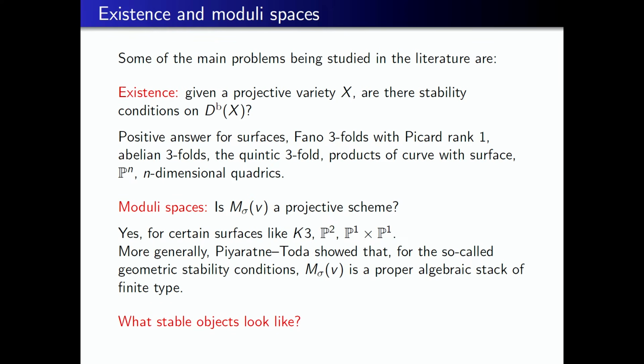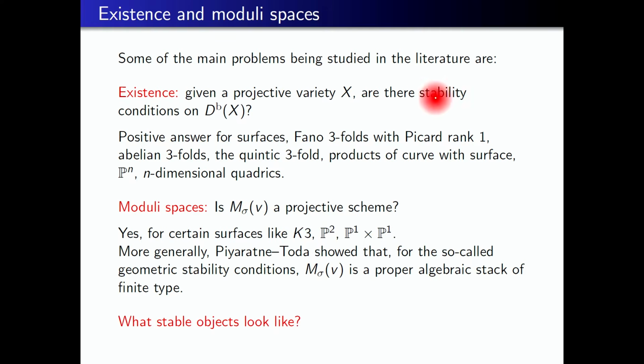Do stability conditions exist at all on this variety? So first question is existence. We've seen the case of curves. For any smooth curve, you can find a stability condition. And then there's a positive answer for surfaces. For any projective surface, you can always find Bridgeland stability conditions.